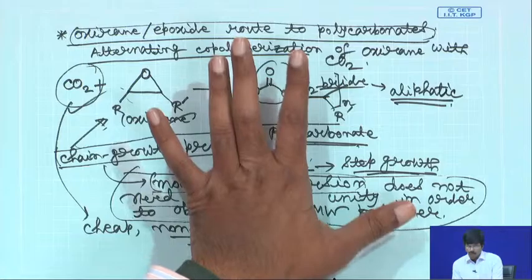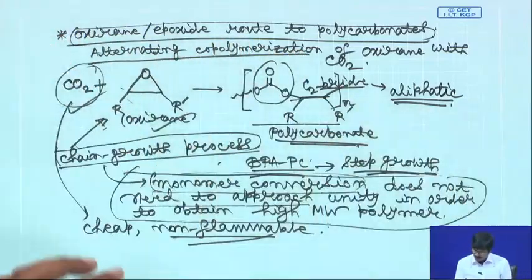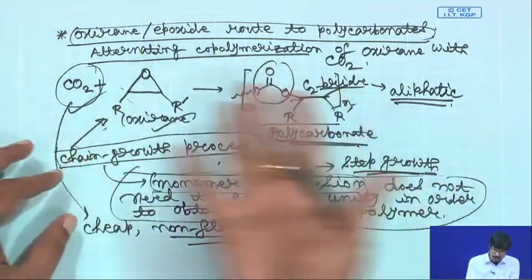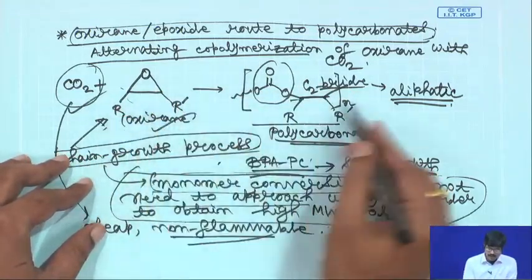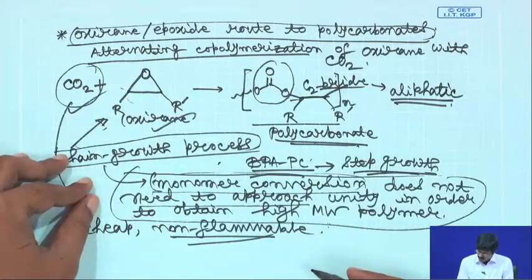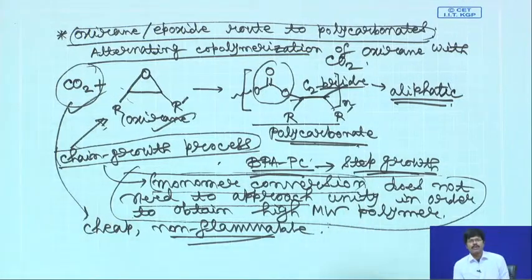So, the way you are doing this copolymerization limits the type of backbone that you are going to get to an aliphatic C2 bridge. So, basically you get polycarbonates which have an aliphatic backbone.